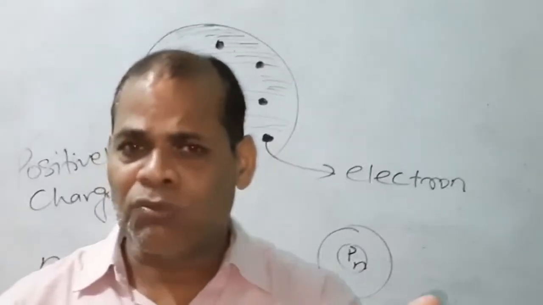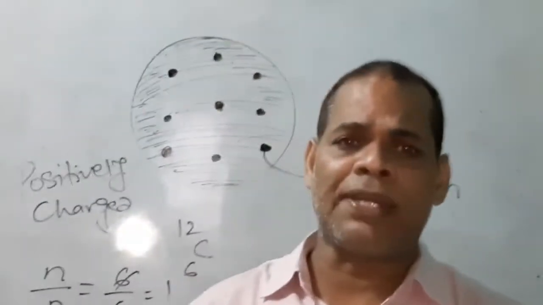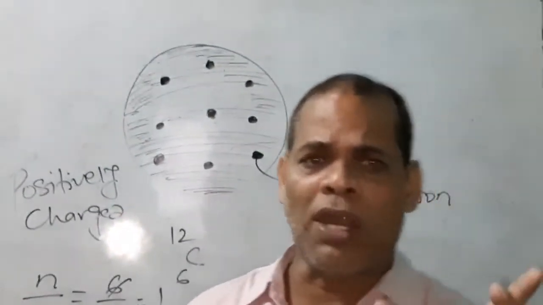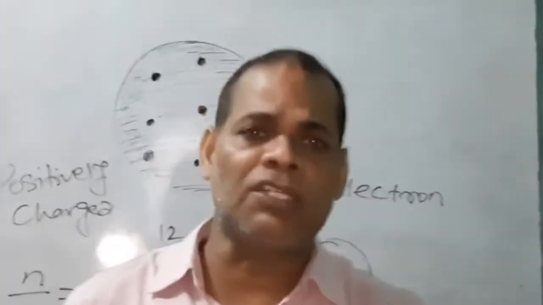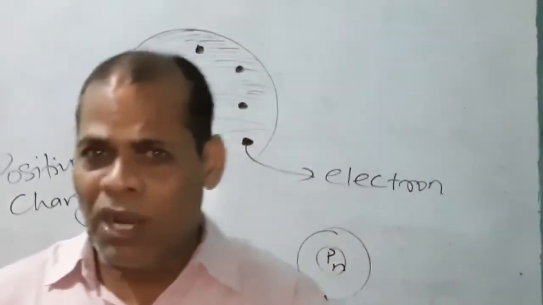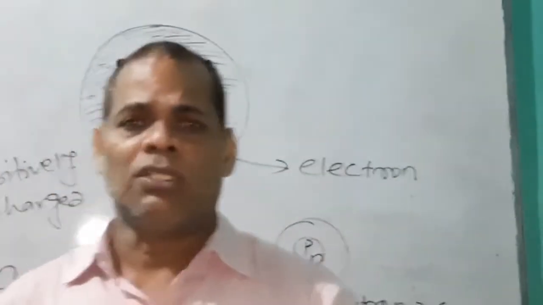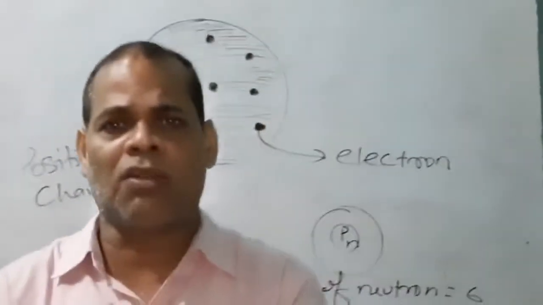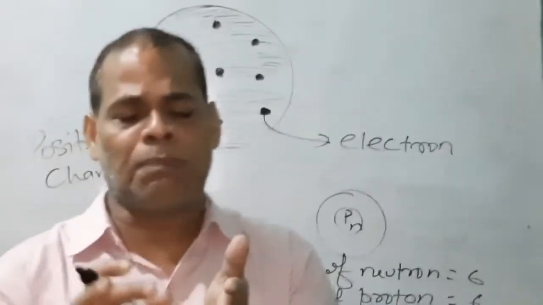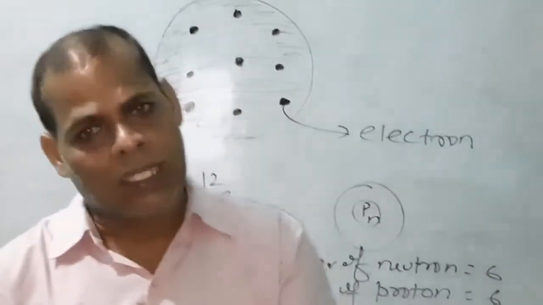The nucleus which contains N by P ratio around 1.5 or greater than 1 are unstable nucleus. They want to get stability. Those nucleus try to get stability by the emission of alpha particle, beta particle and gamma.